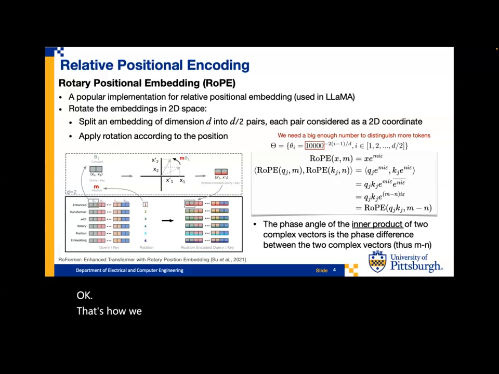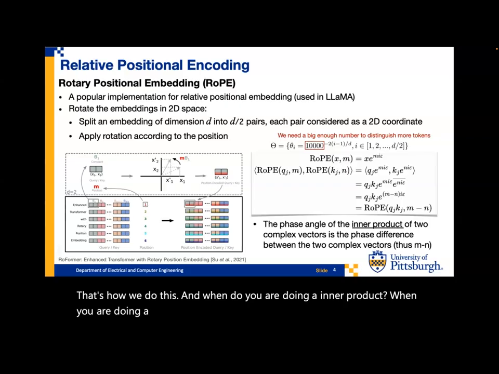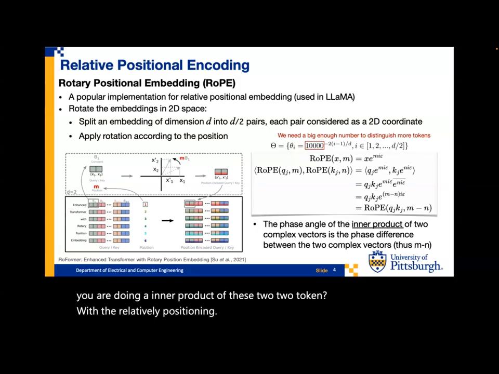And when you are doing an inner product of these two tokens with relative positioning, it equals the original tokens' inner product with this m minus n embedded in the encoding.